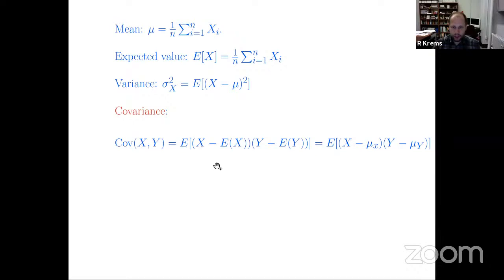For a lot of the variables that we're going to be dealing with today, the mean of those is going to be 0. So this part and this part is going to be absent. So the covariance is just going to be the expected value of x times y. Okay, so that's just to make sure that we're on the same page.